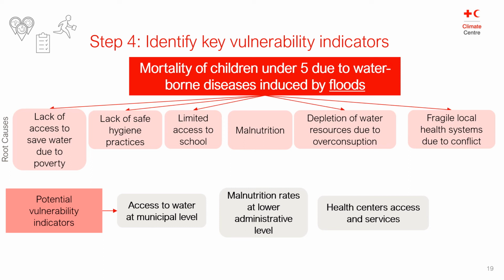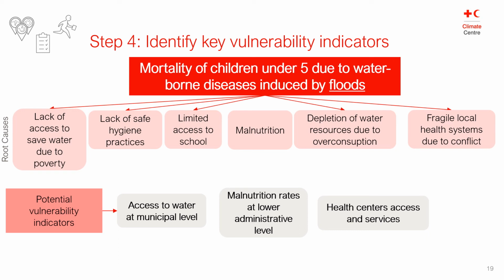Now the question is, how do we understand all these different indicators to define the vulnerability indicators that we will include in our anticipatory action system? And here are potential vulnerability indicators that you might find in particular contexts. You potentially get a database of access to water at municipal level, and you can have the whole picture of the country, and you will know which areas have less or more access to water.